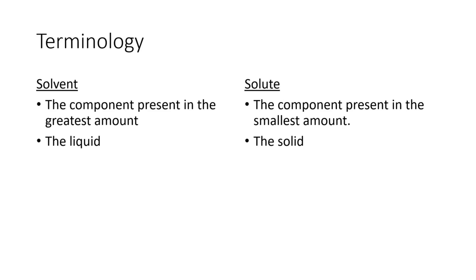And in chemistry, that's often the solid. However, solutions can be between gases. The atmosphere we breathe is a solution of gases, where nitrogen would be considered the solvent, and all the other gases that are dissolved in that solution would be the solutes.